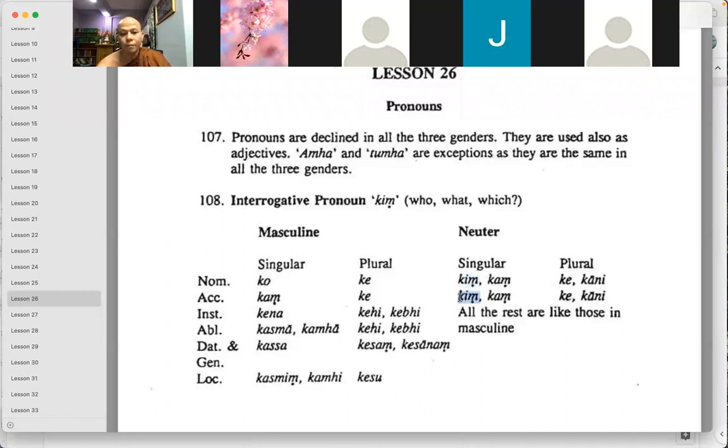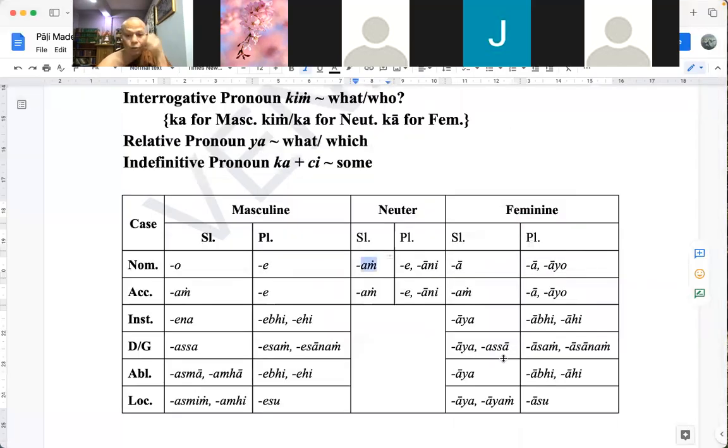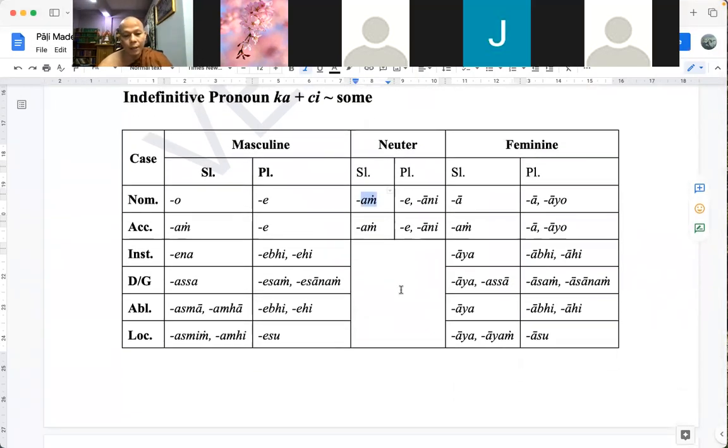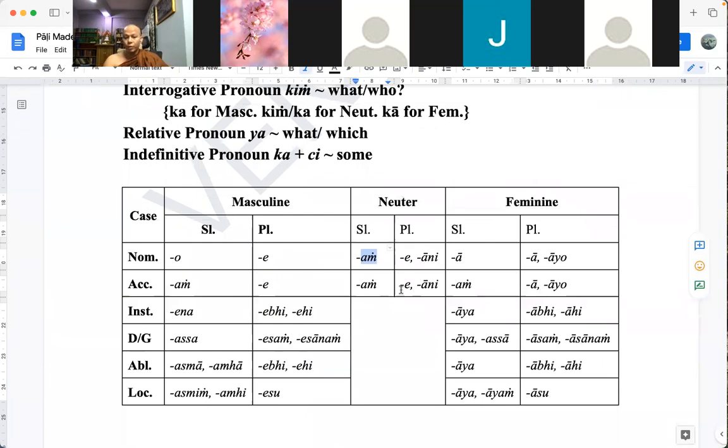That is different from da, can, and the came for neuter. So this chart is a common chart, not only for da, eta, but also for ka, ya, and saba, and so on. Some special forms we will have.